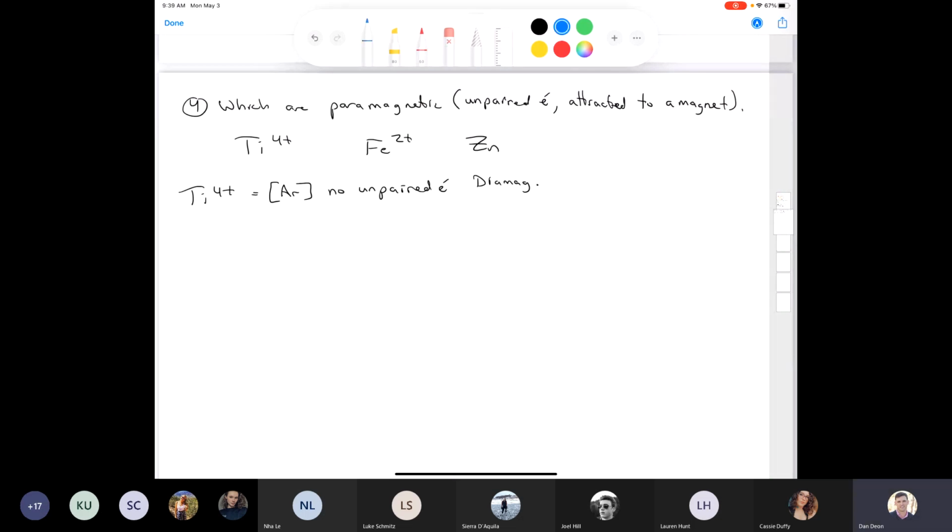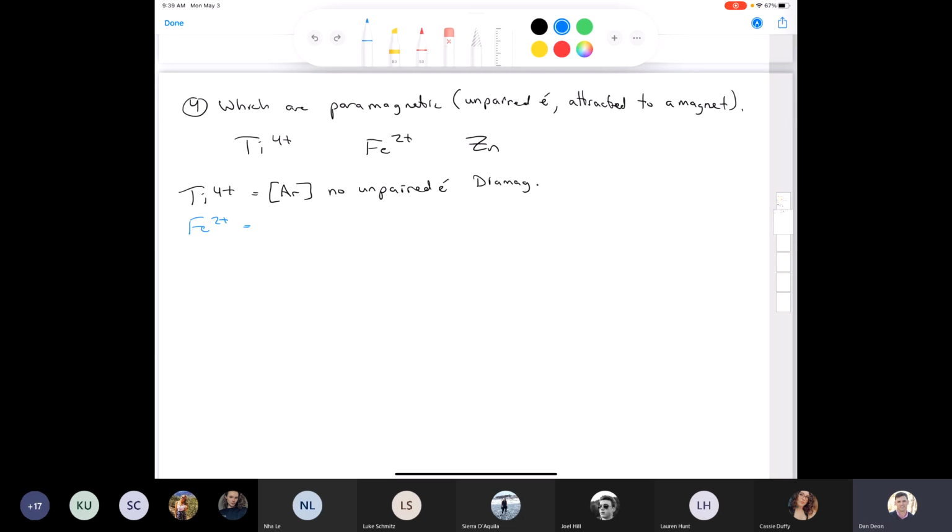If we take a look at iron with a 2+ charge, well, if we look at the electron configuration of iron, iron would be argon 4s2 3d6. But you remember the first in, first out rule is that if we have the 4s2 and the 3d6, when we remove 2 electrons to make a 2+ charge, we remove the electrons with the higher principal quantum number. We remove the 4s2 electrons.